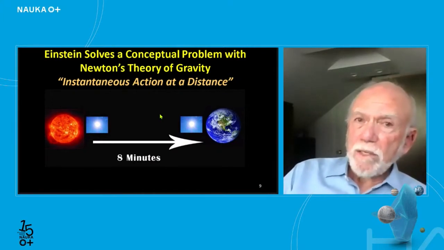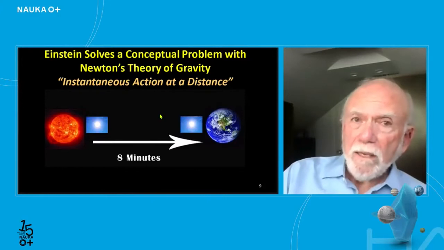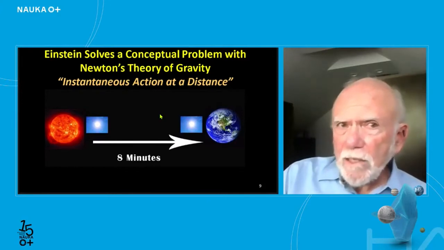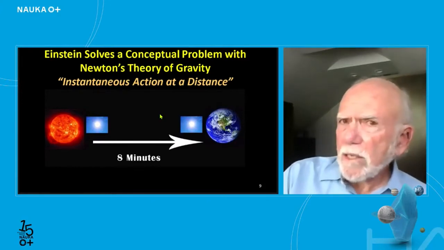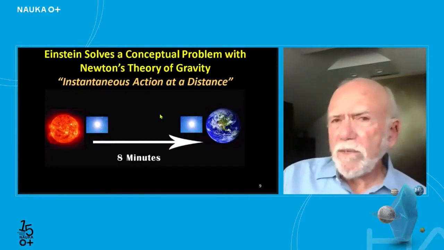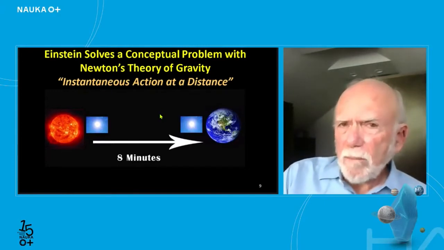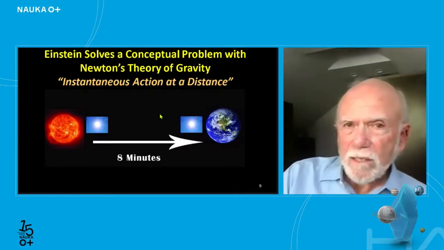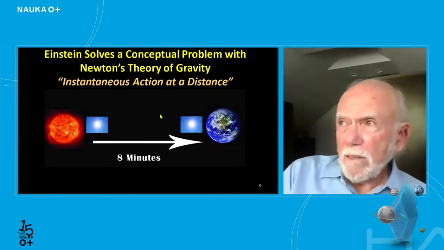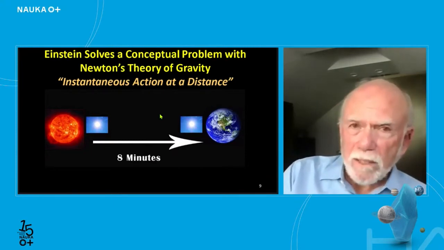So it takes 8 minutes for us to know that. If we had instantaneous action at a distance, like Newton's theory, then the gravitational signal we would detect immediately. And that's not either logically or physically possible.